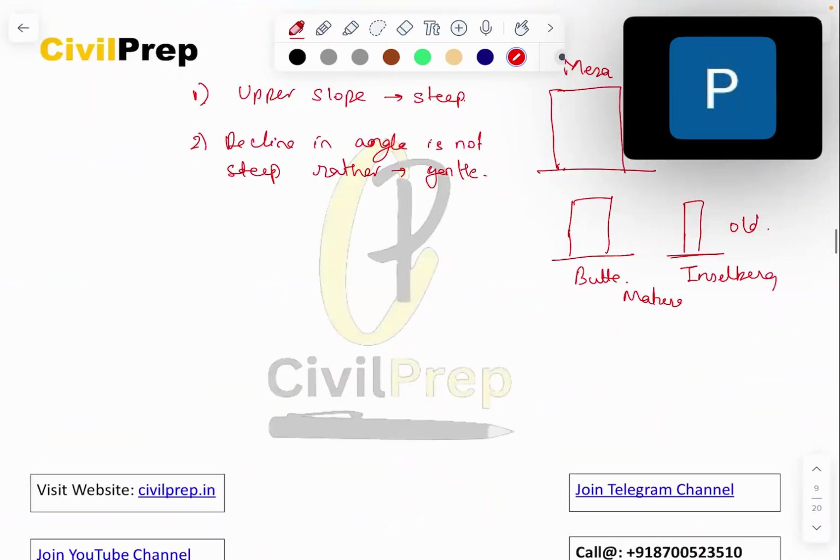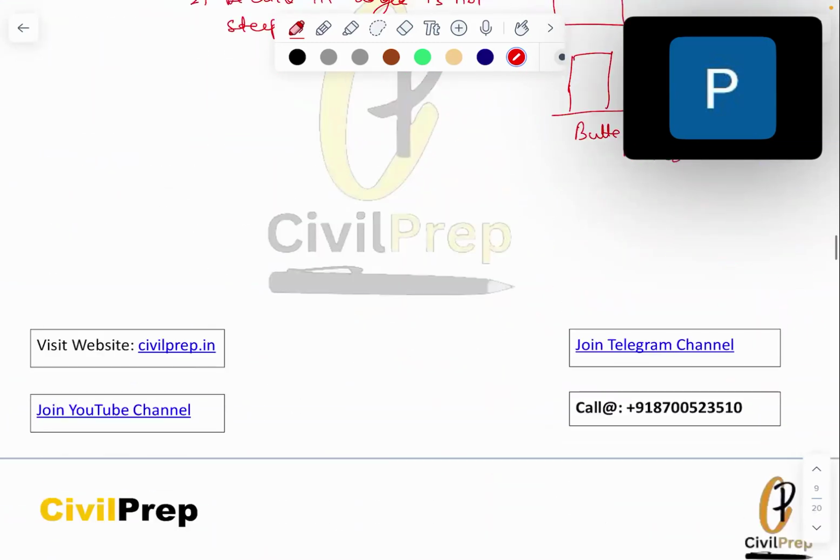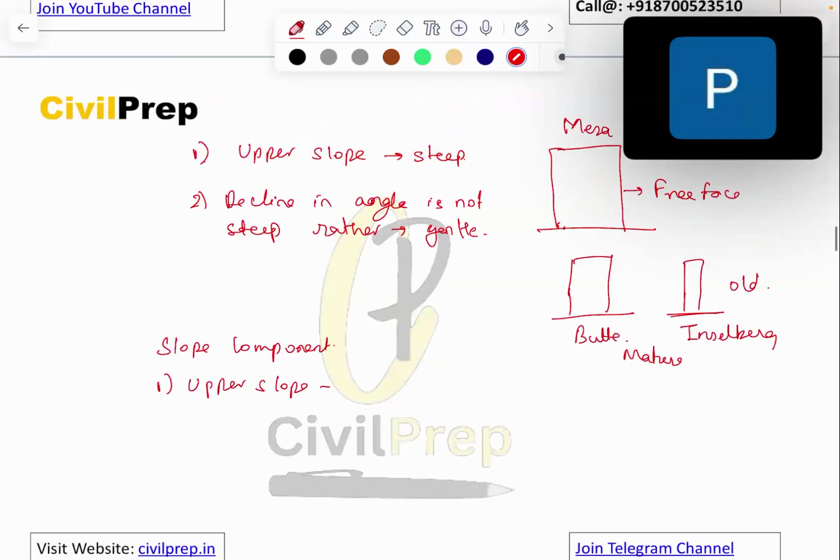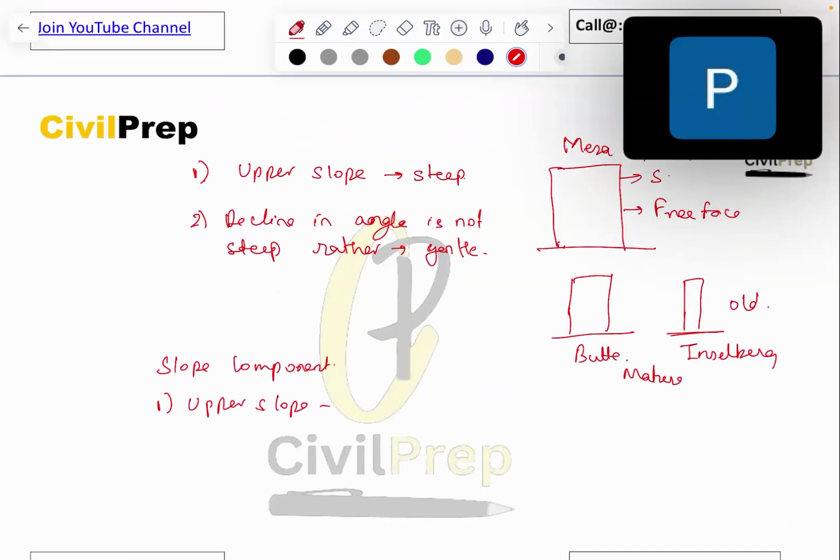Now, when we look at the slope components, number one, we have the upper slope, which is also called scarp face or free face.